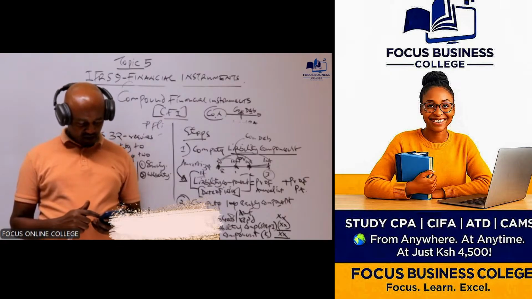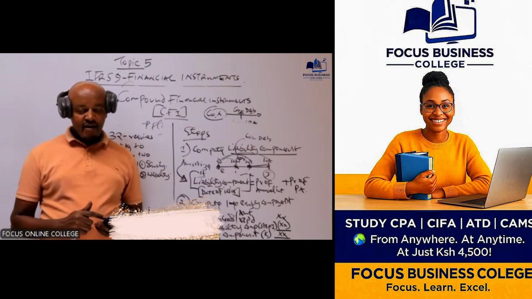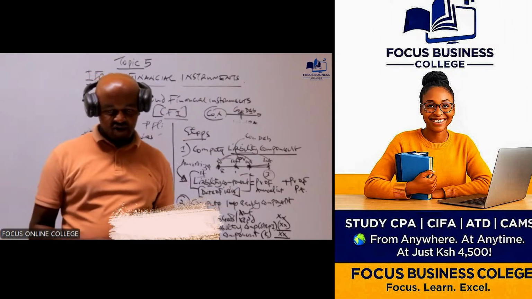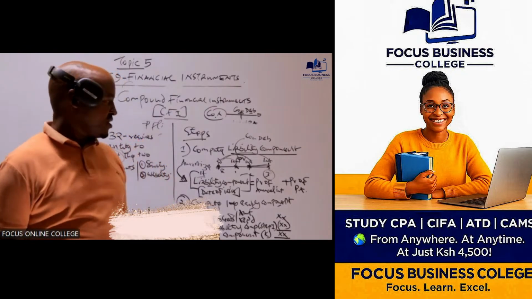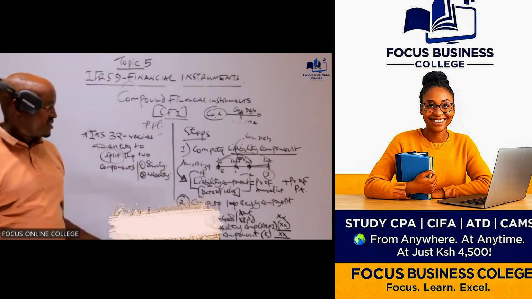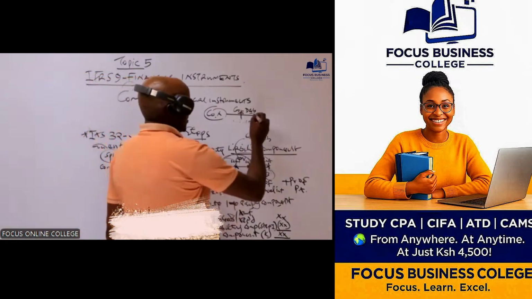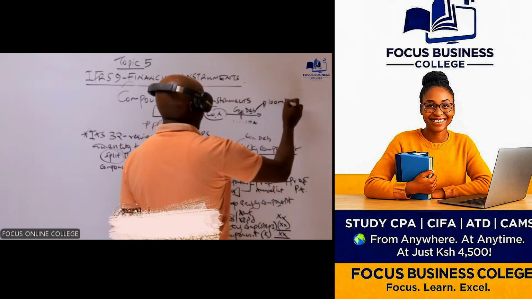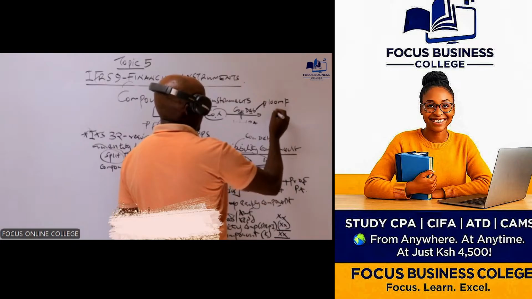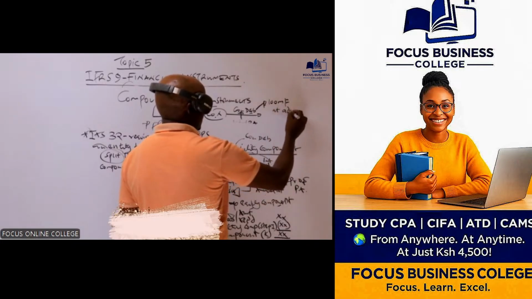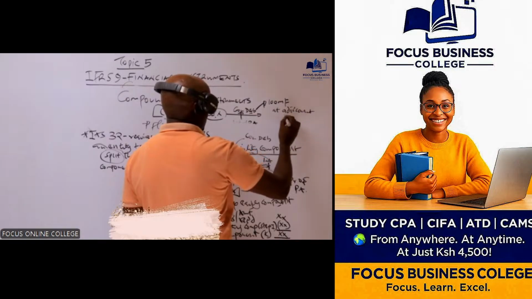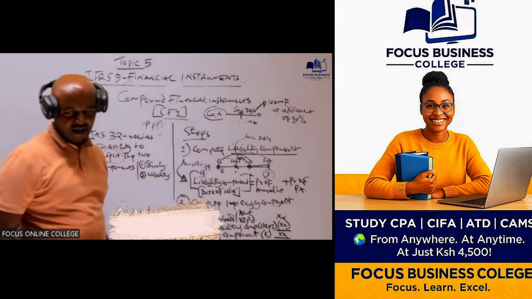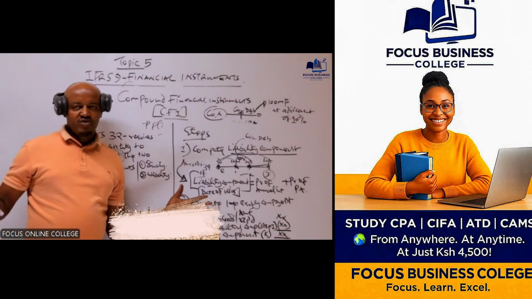Someone is asking, how do we get the amount received? Total proceeds. You will always be told how the debentures were issued. For example, you can be told the company issued debentures having a par value of 100 million at a discount of 10%. To compute the amount received is quite simple.